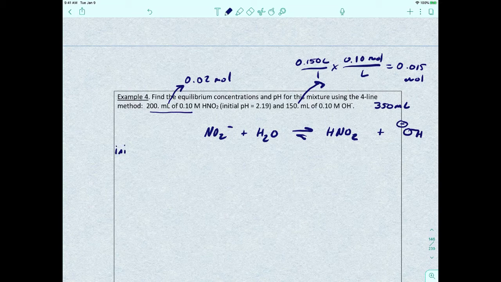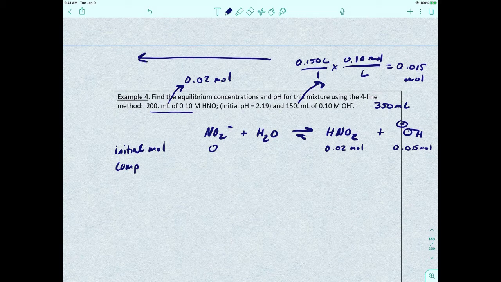All right, so the initial amounts, you've got 0 moles of NO2 minus, you have 0.02 moles of HNO2, and you have 0.015 moles of hydroxide ion. Now, assuming that we go to completion, so we're going all the way to the left, we're going to use up all of the hydroxide ion this time, so it's going to be 0 moles left.